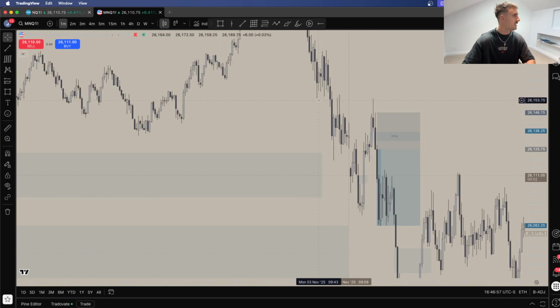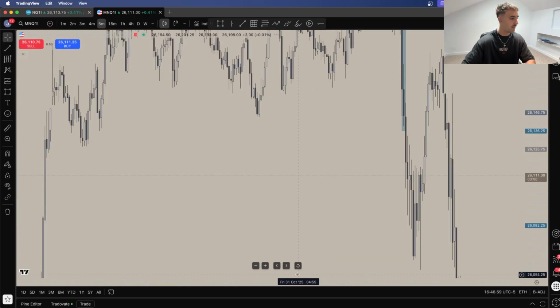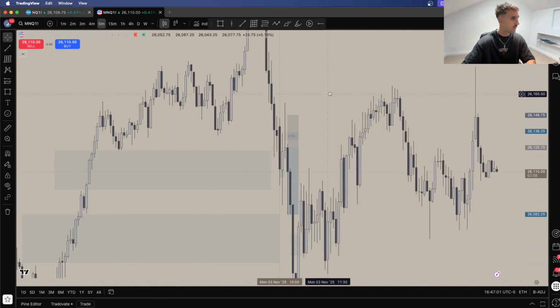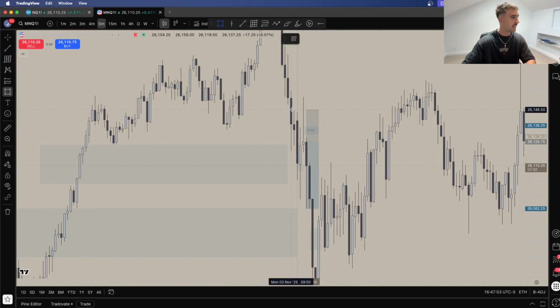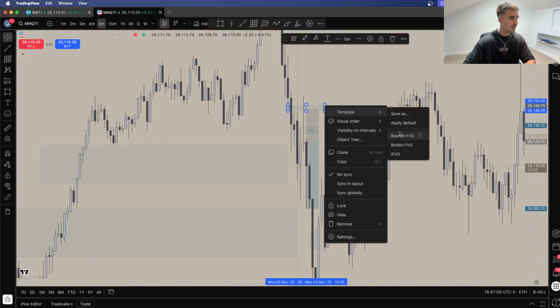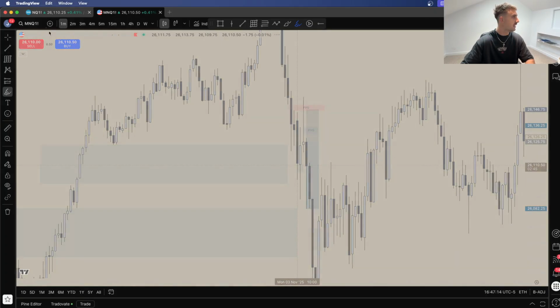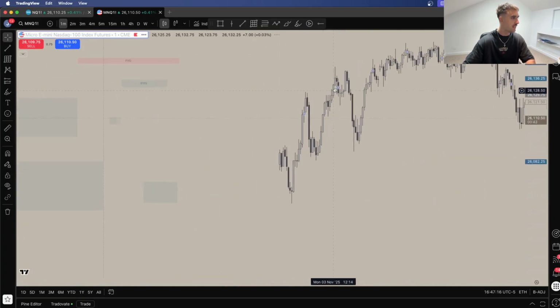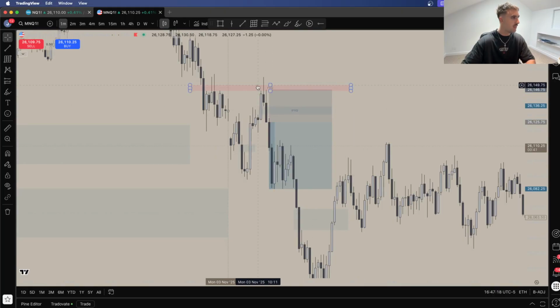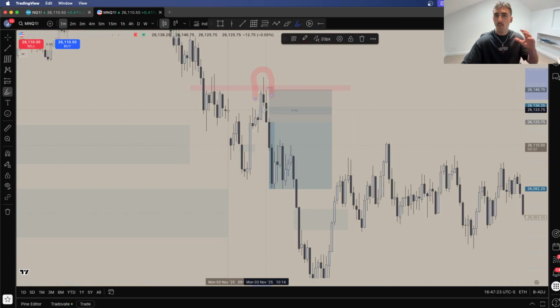However, we tapped into this 5-minute gap. I'll go back on the 5-minute and show you guys. You see this bearish gap right here. On this leg, we come up, we tag the 5-minute gap and instantly displace back down. If I go back on the 1 minute, this will all make sense. We tap into this 5-minute gap right here, and then in that leg of play we have a perfect 1 minute gap right here.